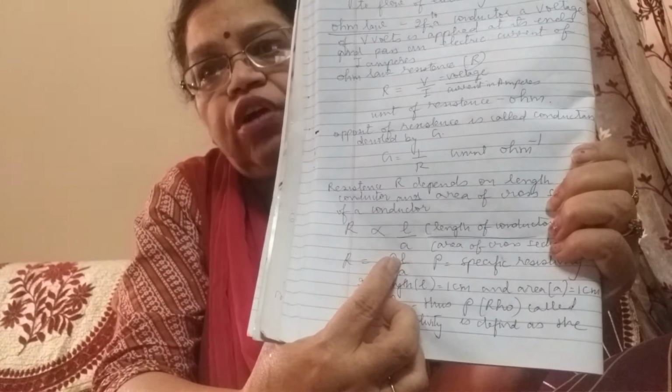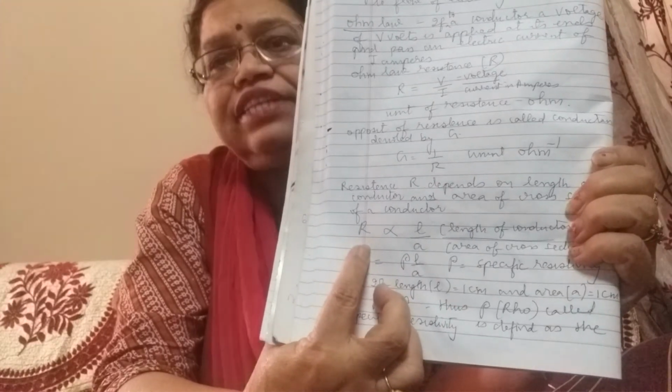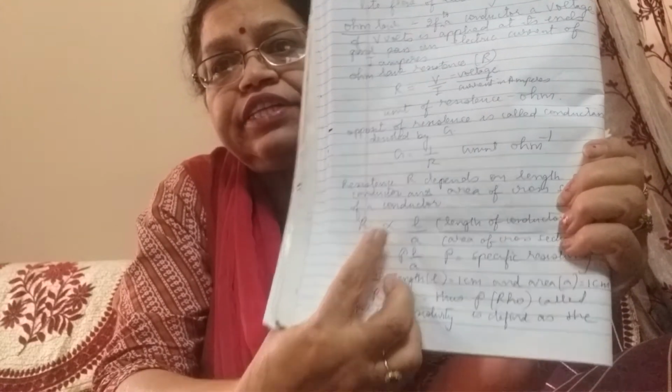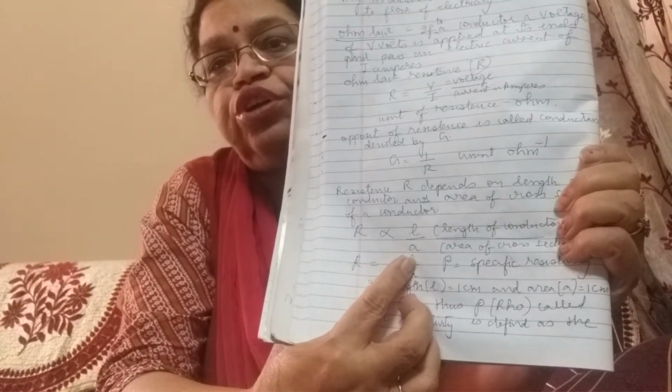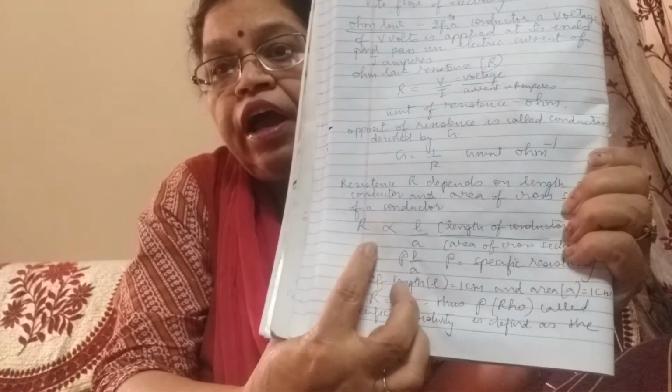So the resistance of any conductor is directly proportional to the length of the conductor and inversely proportional to the area of cross section. That proportionality sign I am removing, and when I remove the proportionality sign, I put a constant which is called rho. Rho is specific resistivity. What is rho? Rho is specific resistivity.